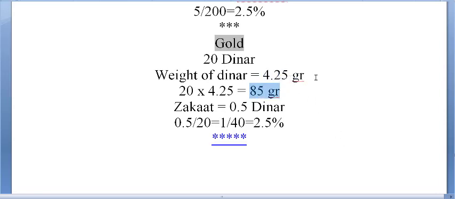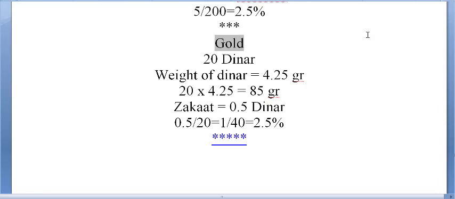Some people say the weight is a bit different, some say 87, but the majority say 85. So the threshold of silver is 595 grams, and the threshold of gold is 85 grams.